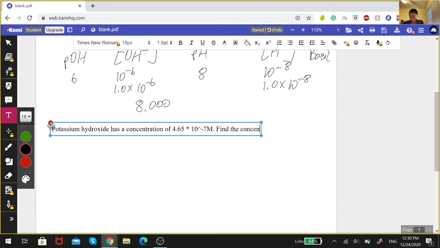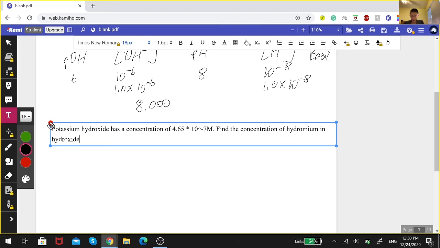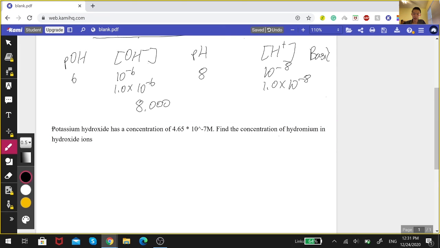Find the concentration of hydronium and hydroxide ions. Potassium hydroxide is KOH. Now, we can use our formula. It said this has a concentration of this. Find the concentration of hydronium and hydroxide ions.